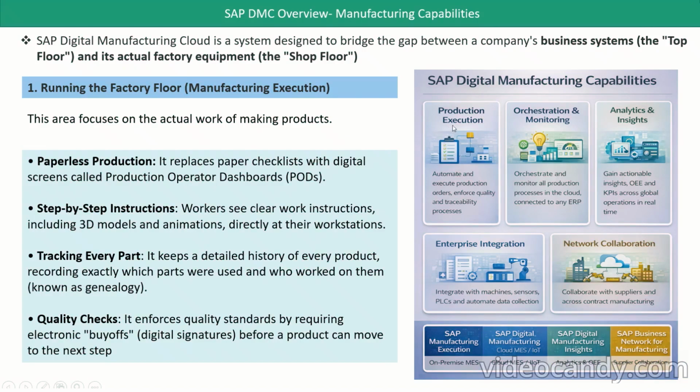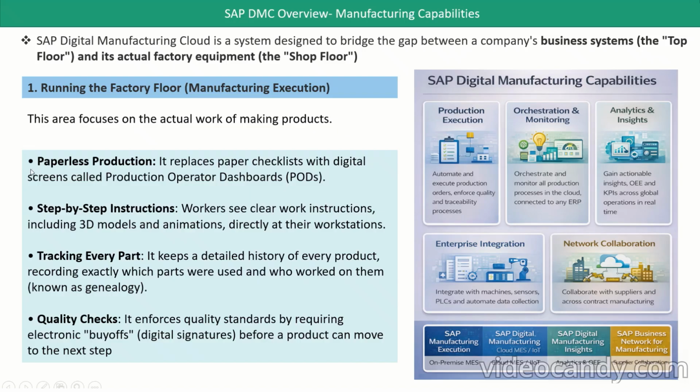So production execution. Production execution mainly focuses on the work of making a product. For making or producing a product on the floor, whatever the operator and supervisor do there comes under production execution. Production execution helps make a plant paperless.